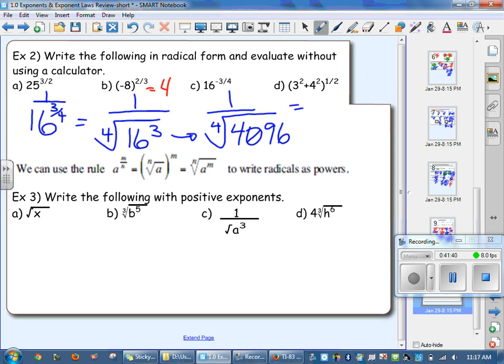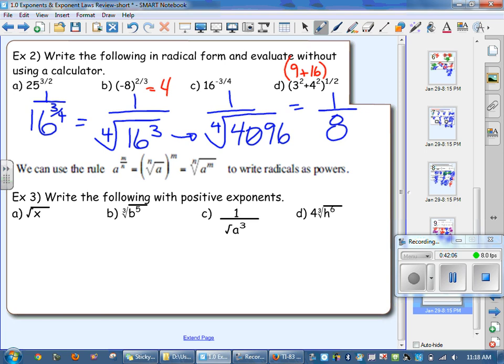Letter D has brackets. You must solve inside the brackets first. So for letter D, we are going to have 9 plus 16 in brackets solving first. Continue to solve them. I've got 25 now to the 1/2. To the 1/2 means I'm going to take root 25 to the hidden exponent 1.